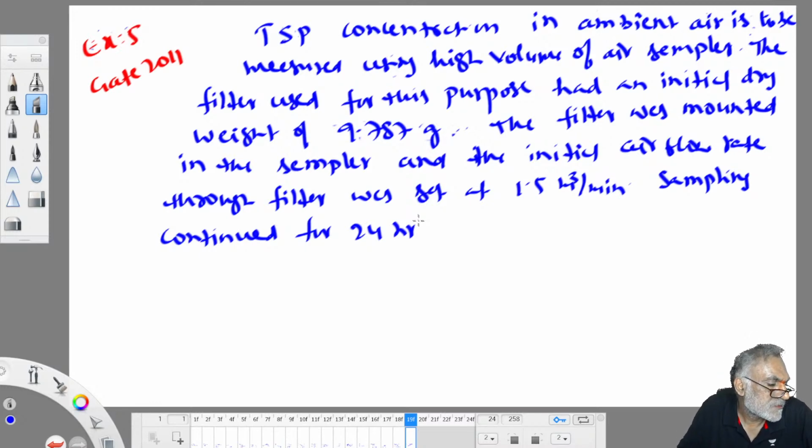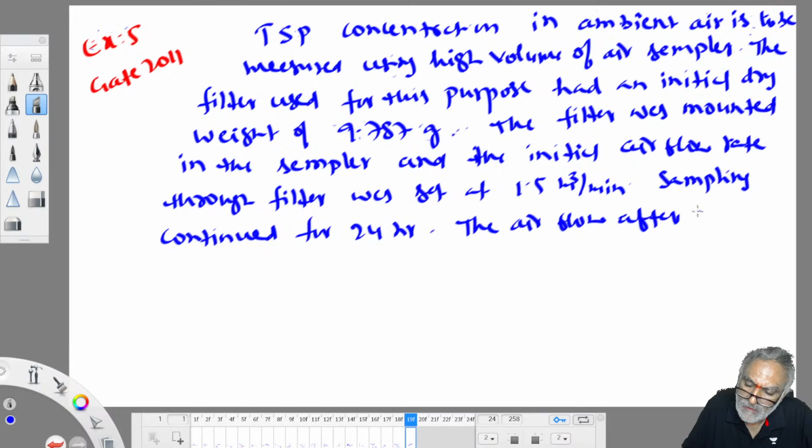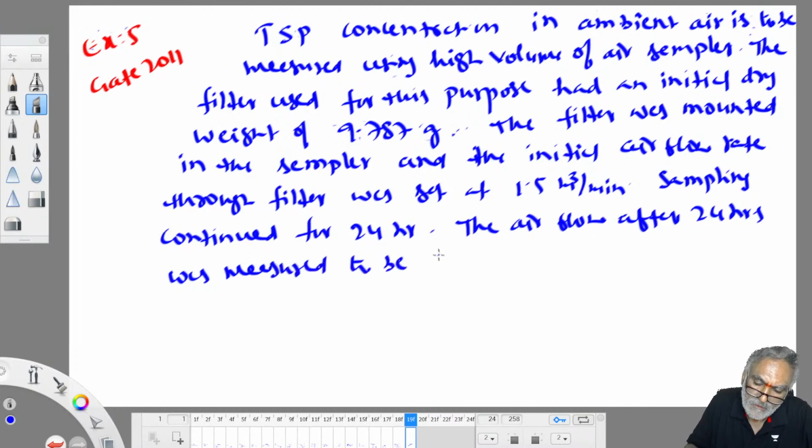The airflow after 24 hours was measured to be 1.4 meter cube per minute.